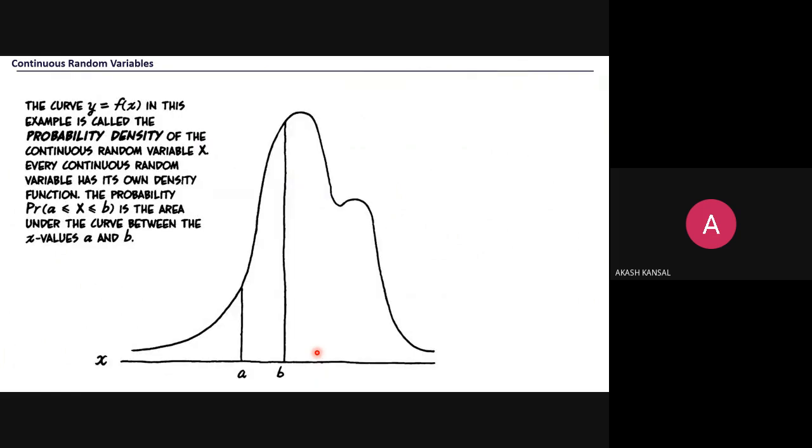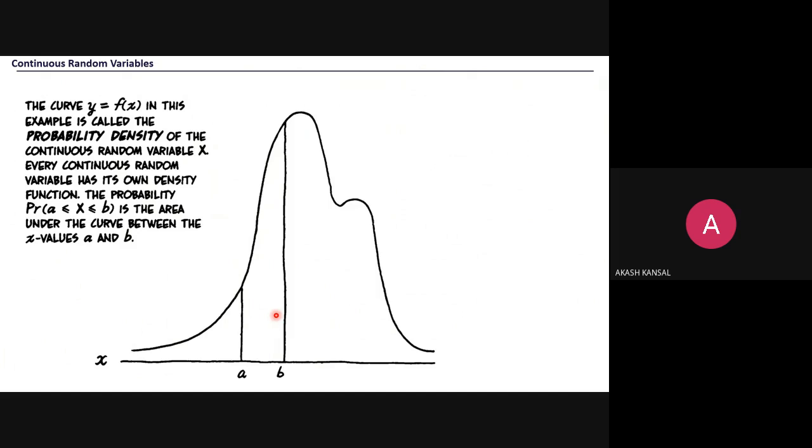Now, generalizing the curve, let's say y is equal to f(x). This is called the probability density curve. Why do we call it probability density instead of probability curve? Because at any particular point the probability is going to be 0. We can only define the probability between 2 points, and that probability is just the area under this curve.